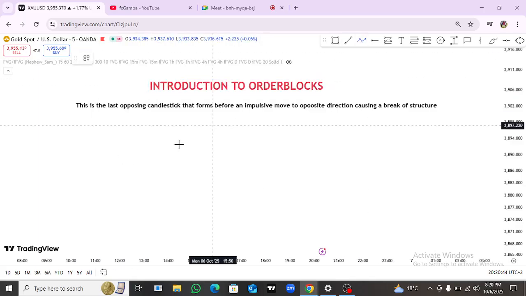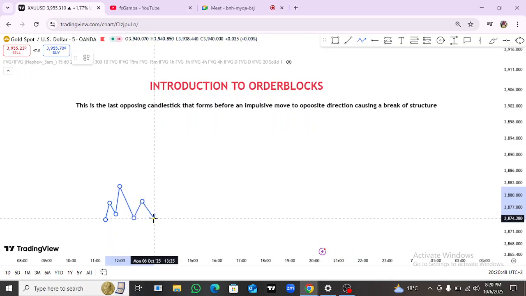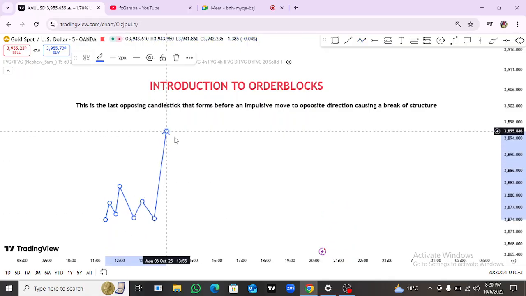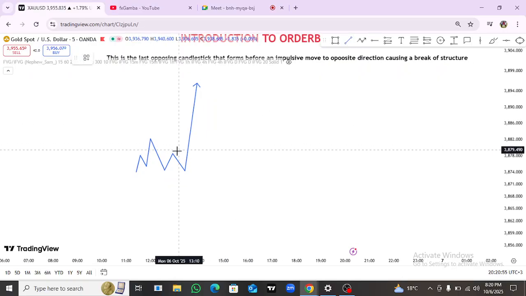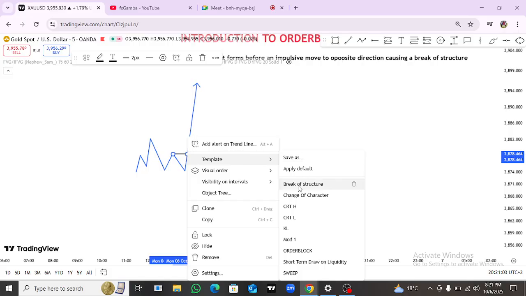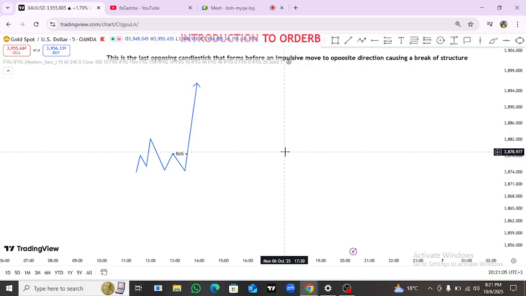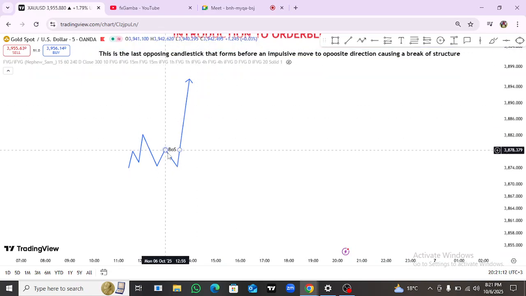For example, if price was like this, then something like that, so we had this push to the above. So we have this as our break of structure. If you don't know anything about break of structure, go to my YouTube channel. You will see the video where I explained break of structure in the market structure one. Before price went above, this was a bearish move.